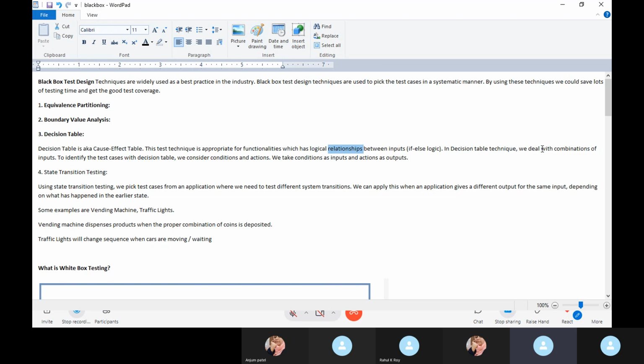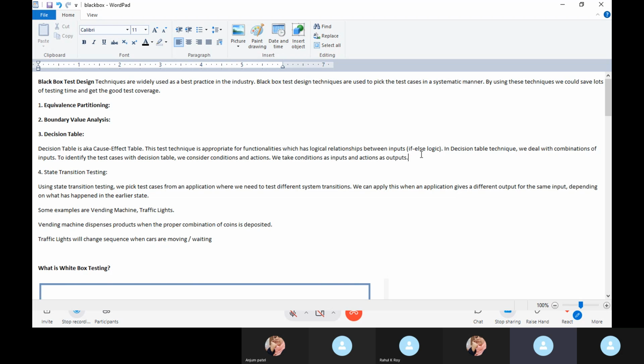In the decision table technique, we deal with combinations of input. To identify the test cases with a decision table, we consider conditions and actions. We take conditions as input and actions as output. Take one scenario: to test the login functionality of an application, we have to write test cases.